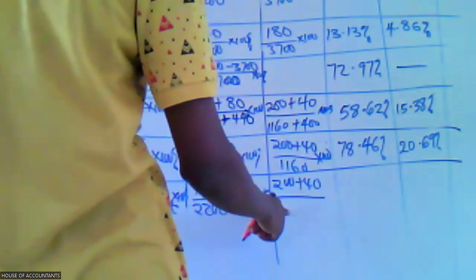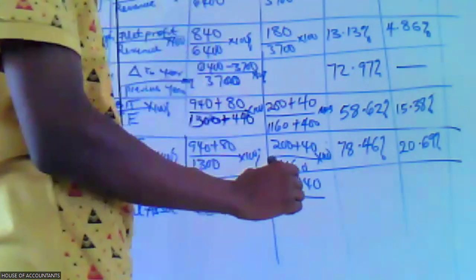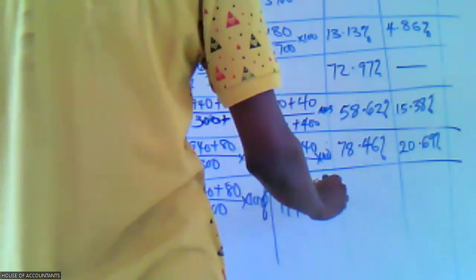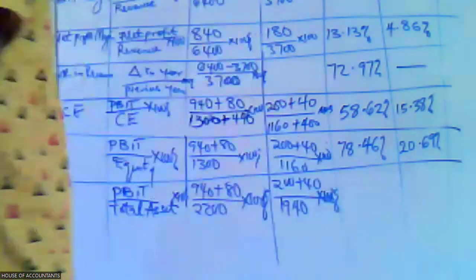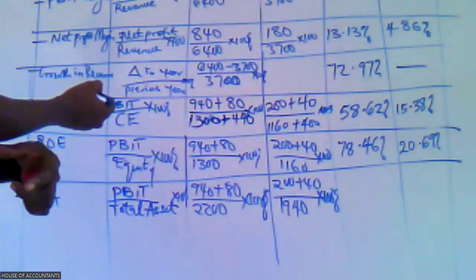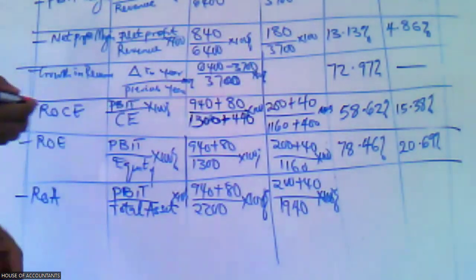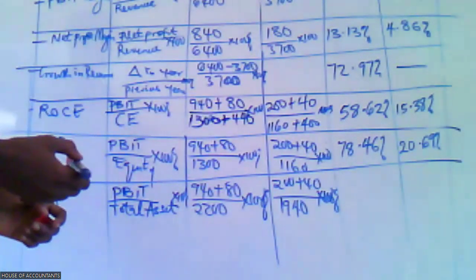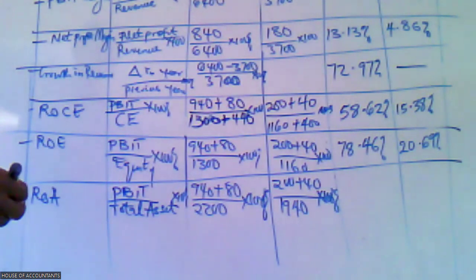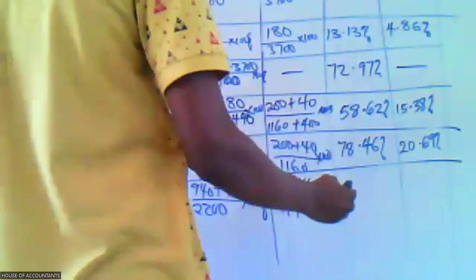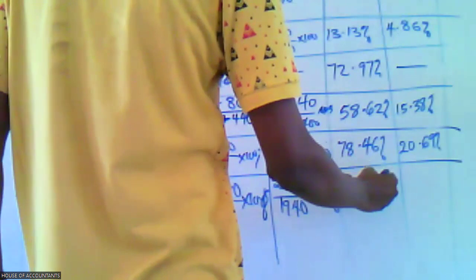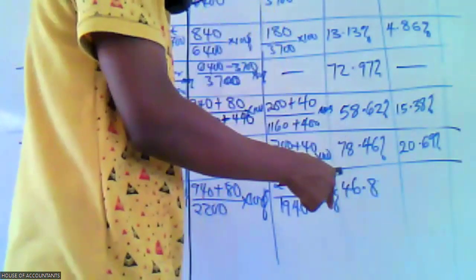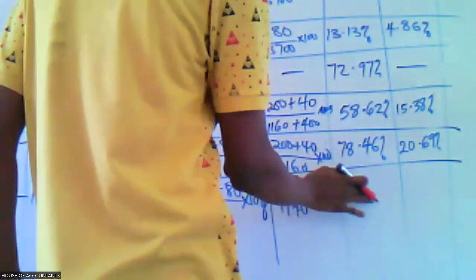This one will be what? 1940 multiplied by 100%. What do you get for the first one? 46.36.